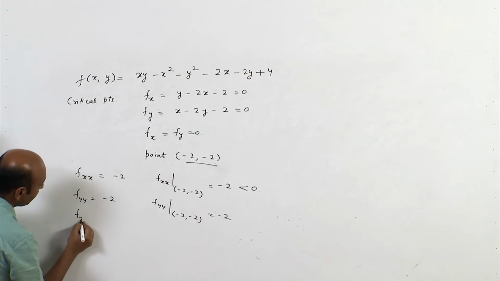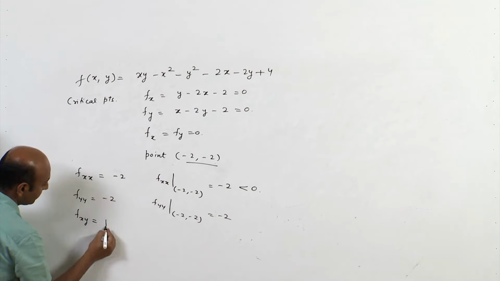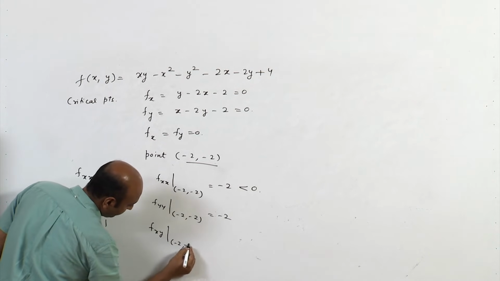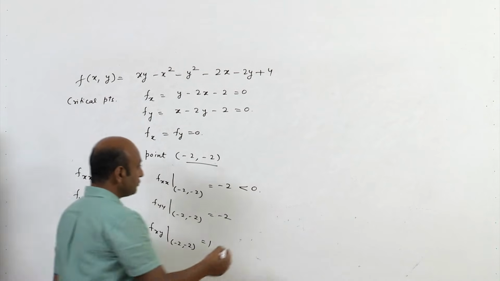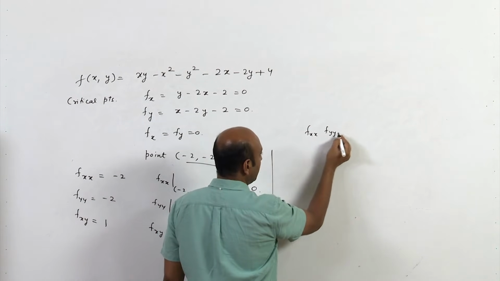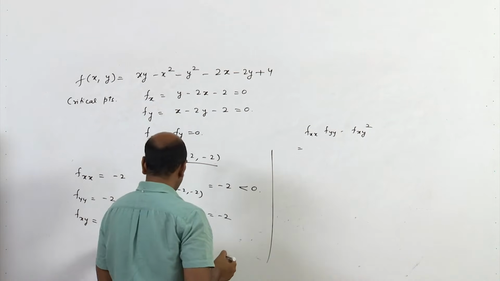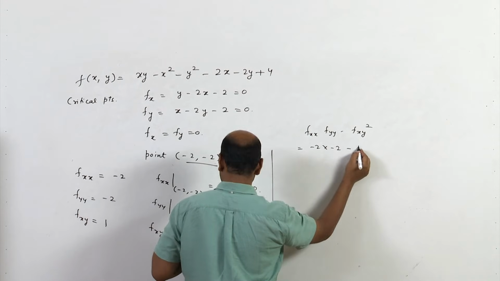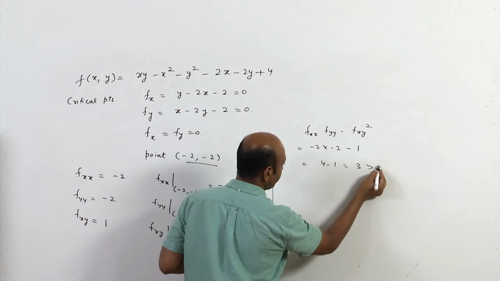And what is fxy? Fxy is 1, so fxy at this point is also 1. Now what is fxx times fyy minus fxy squared? This is -2 into -2 minus 1, that is 4 minus 1, which is 3, positive.